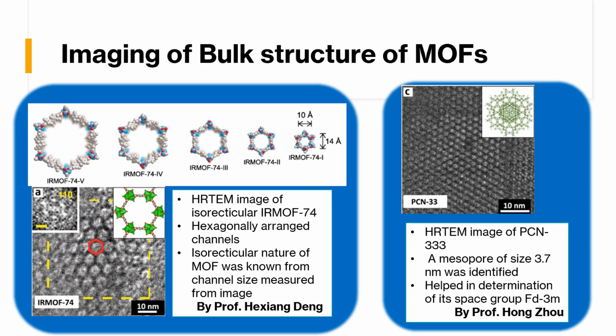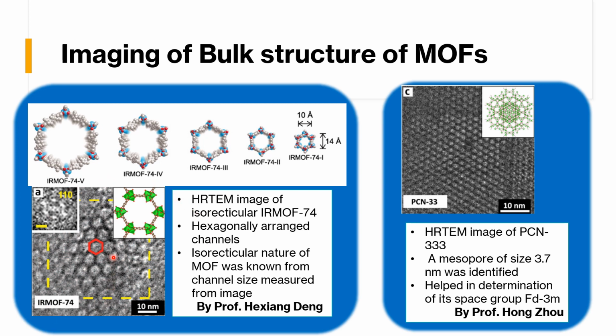This is the example in which we will discuss how imaging of the bulk structure of MOF is done. This is the isoreticular MOF-74, which has hexagonally arranged channels. Here we can see that by increasing the ligand size, the pore size can be increased, and this is the actual HRTEM image.